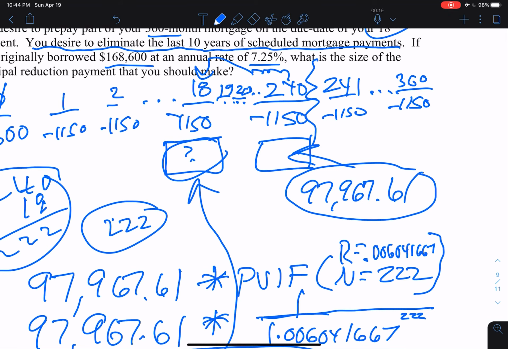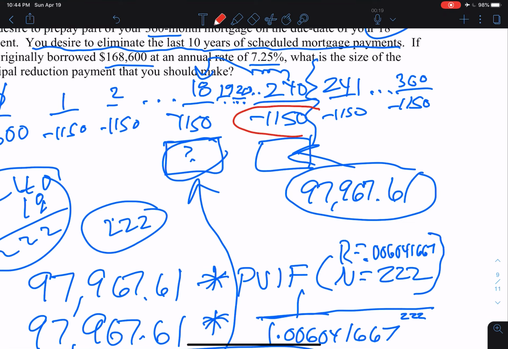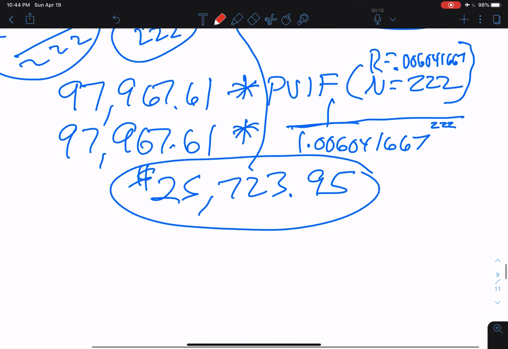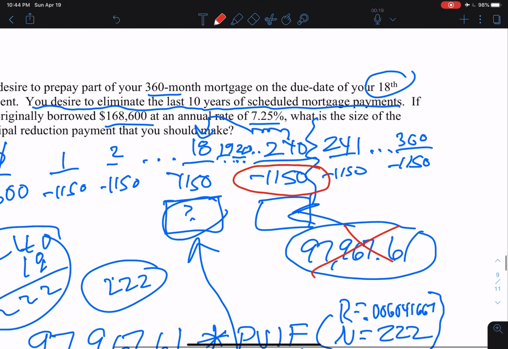And then when we make this last payment at date 240, the loan is paid off. Now, just so you're clear, we don't have to make this payment anymore because we made this payment at date 18.